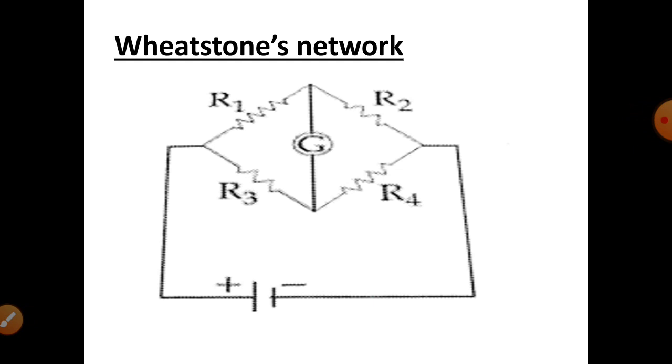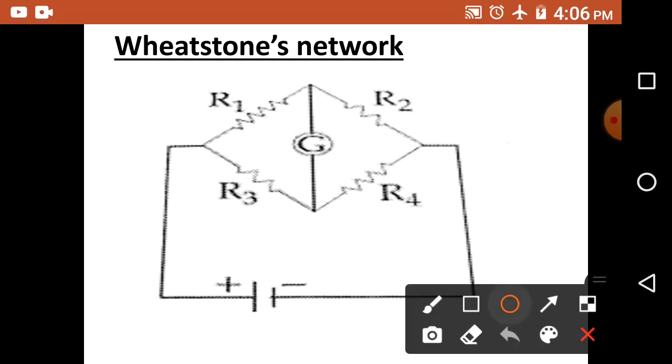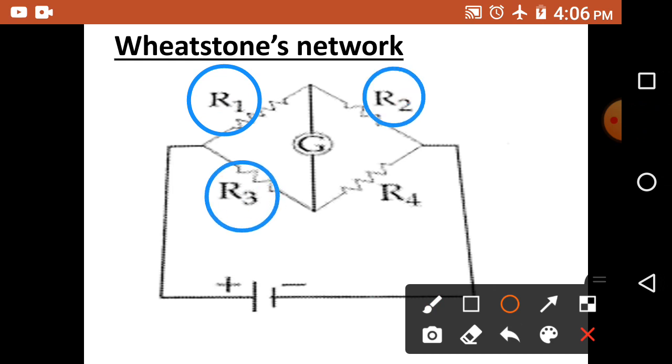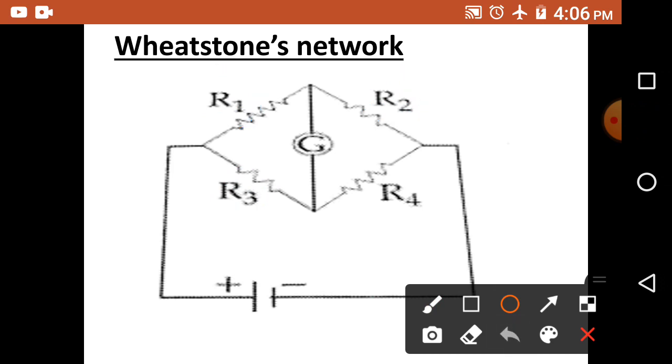The Wheatstone's network consists of 4 resistances R1, R2, R3 and R4 as shown in the figure, out of which R1, R2 and R3 are fixed resistances, while R4 is a variable resistance. So let's represent R4 as a variable resistance.